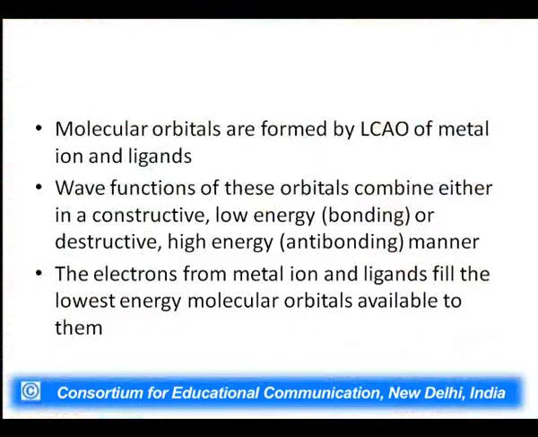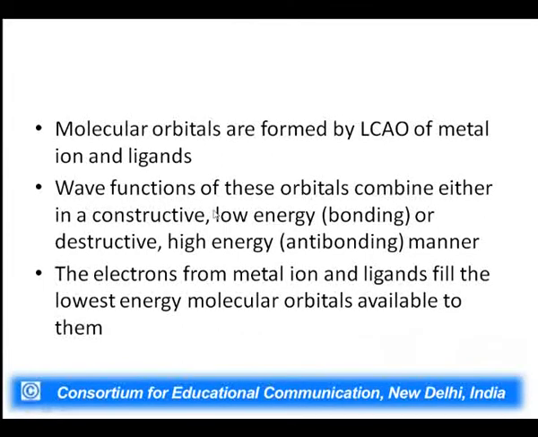And therefore, what we normally say is that the molecular orbitals are formed with the LCAO of the metal, that means linear combination of atomic orbitals. That is a mathematical step where we write the wave function for the metal and the wave function for the ligands, and then carry out certain mathematical operations so as to find the newer wave function.